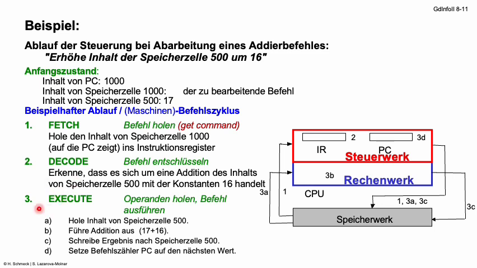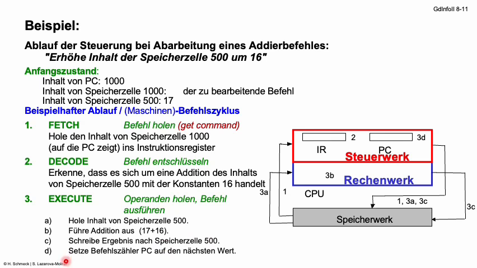Then in the third step, the execution, we fetch the operands and we execute the command. We fetch the contents of memory cell 500, which is 17. Then we execute the addition, 17 plus 16, and we write the result into memory cell 500.